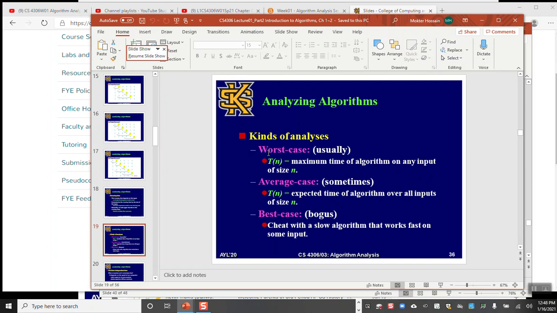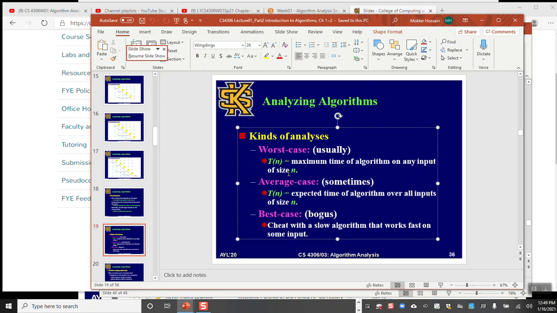How do we analyze an algorithm? We analyze it in three situations mainly. The worst case is the bad situation, if all the data are unorganized. Unorganized means all the data are given in descending order, but we need to make them ascending, so almost everything is unorganized.